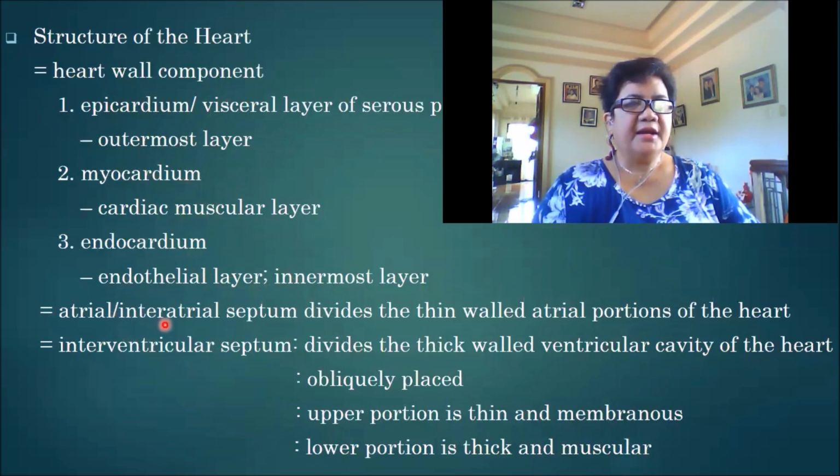Then you have a septum dividing the atria. This is only a thin-walled atrial portion of the heart, and you will find it here, the embryonic fold in which blood from the right atrium will go directly to the left atrium, then to the left ventricle.